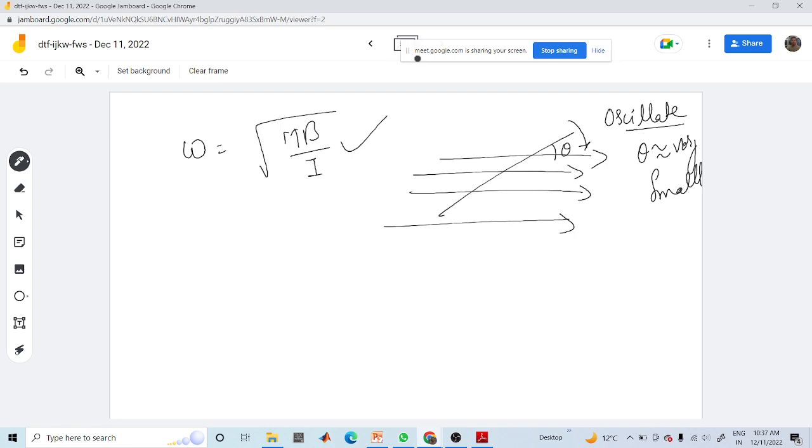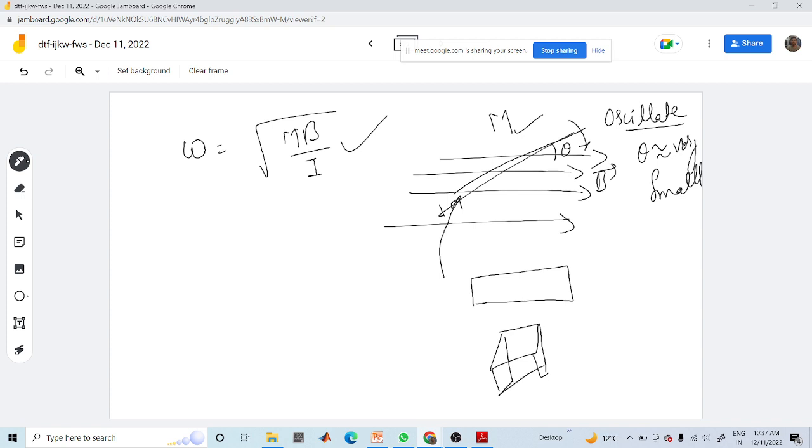So if this dipole has magnetic dipole moment capital M, the external magnetic field is B, and the moment of inertia of this dipole is I, suppose this magnetic dipole moment is created by a rod, it may be a box, it may be something cylindrical in shape, any kind of thing.